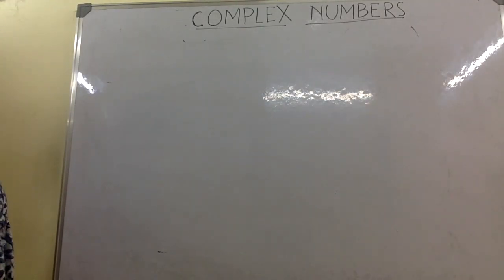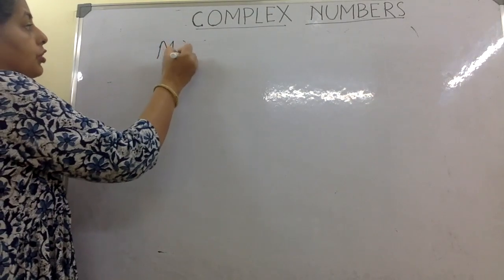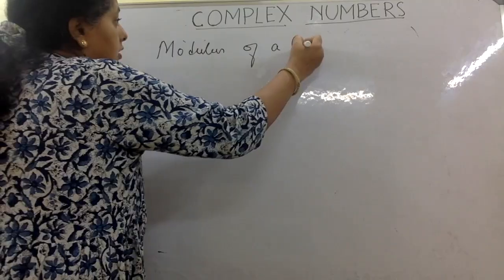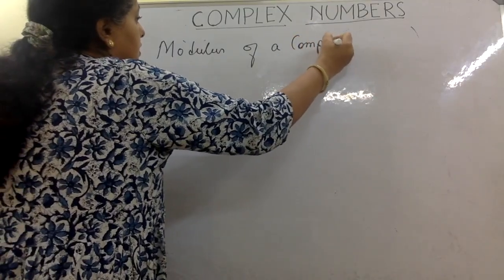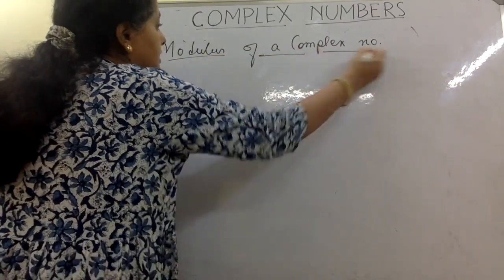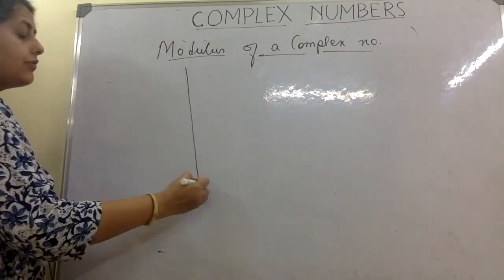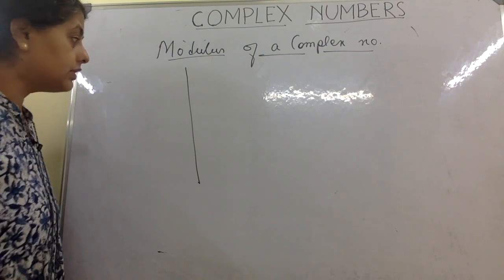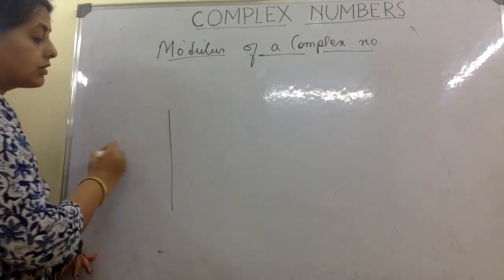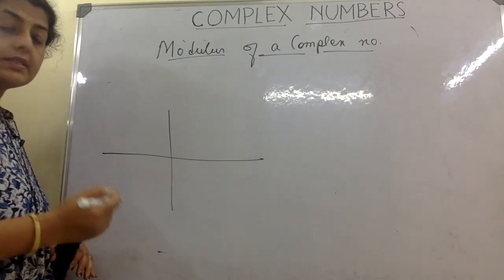Now let us talk a little bit about modulus of a complex number. What is modulus of a complex number? Just like we have the xy plane, we also have the complex number plane.